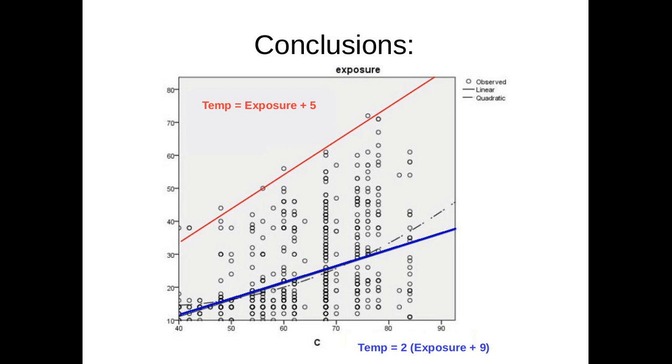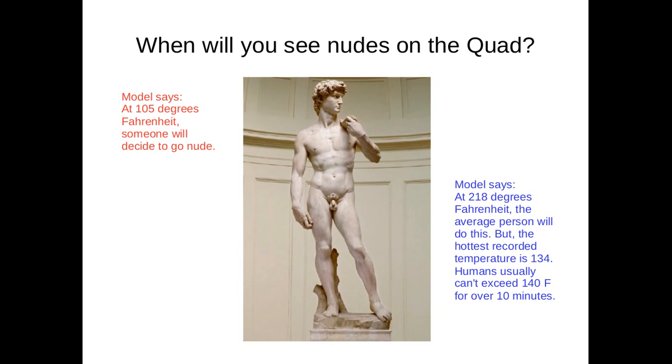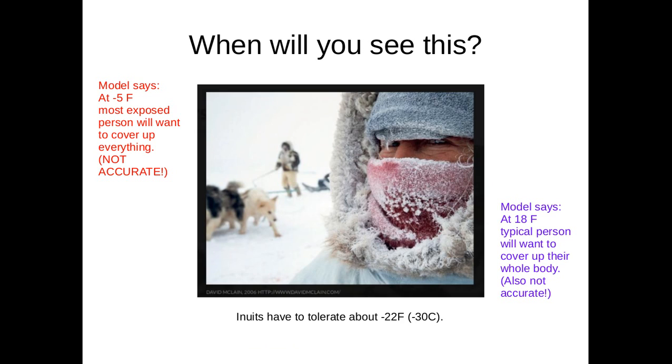That's what it's saying. Doesn't mean it's true, but that's what it's saying. So at 105 degrees, somebody will walk around campus looking like this. And the other model says that at 218 degrees Fahrenheit, the average person will do this. But the hottest recorded temperature ever is 134, and humans cannot exceed about 140 degrees for over 10 minutes. They will not survive.